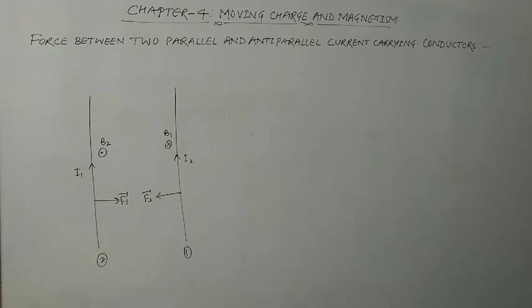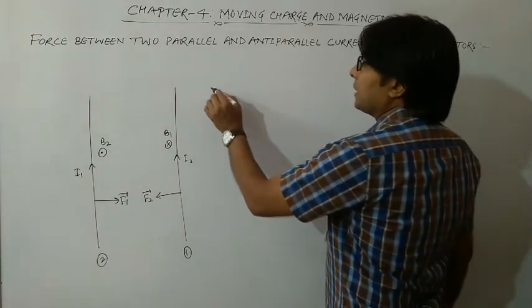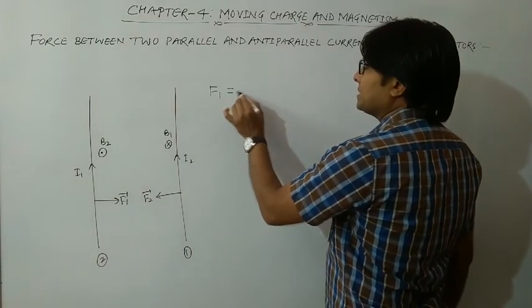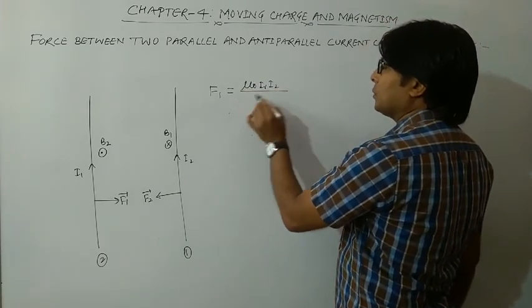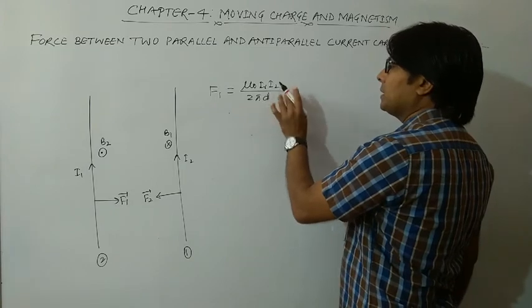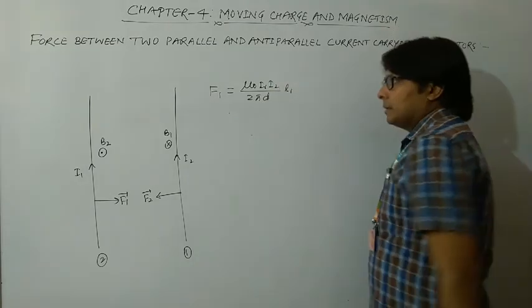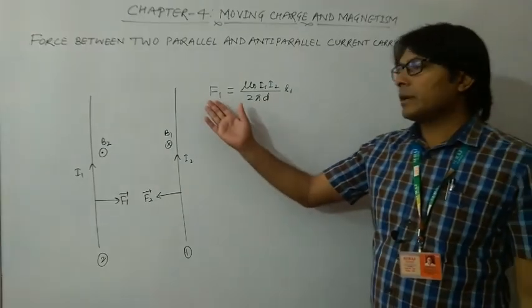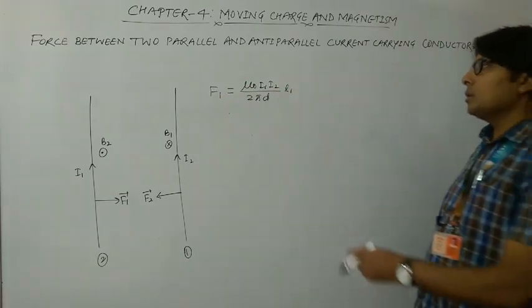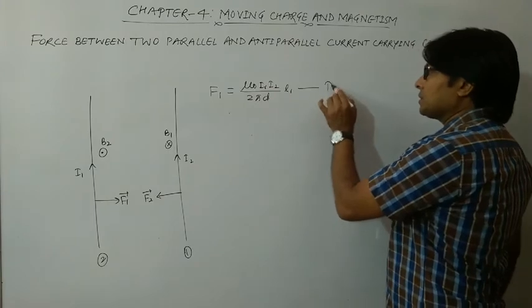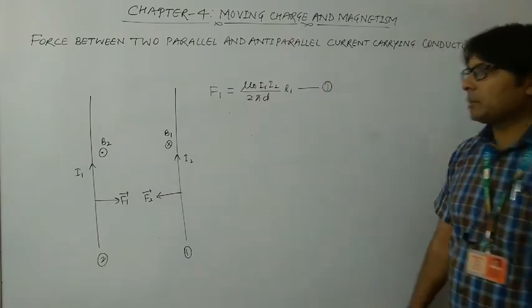So we have derived the formula of F1 is equal to mu 0 I1 I2 upon 2 pi d into L1, and in case of F2 it will become mu 0 I1 I2 upon 2 pi d into L2. Okay, so suppose this is equation 1.